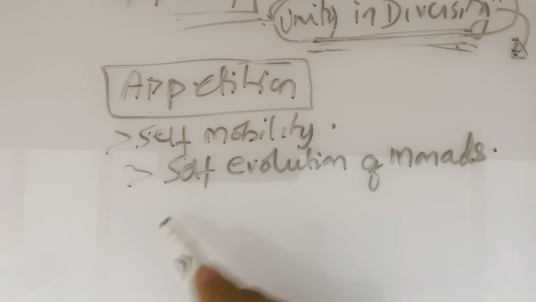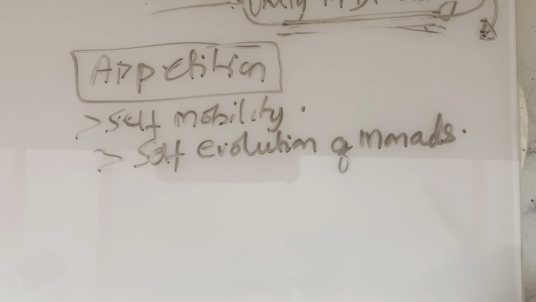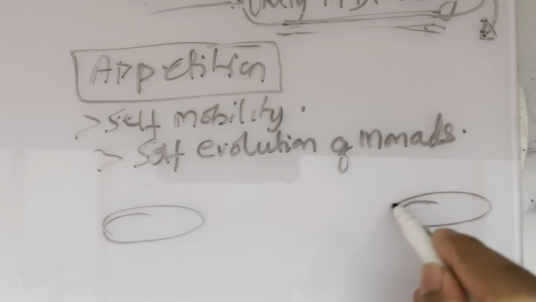Qualitative evolution with respect to characteristics that we have seen, a few characteristics being force, mobility, consciousness, activity and so on. So here Leibniz defines two extreme levels.